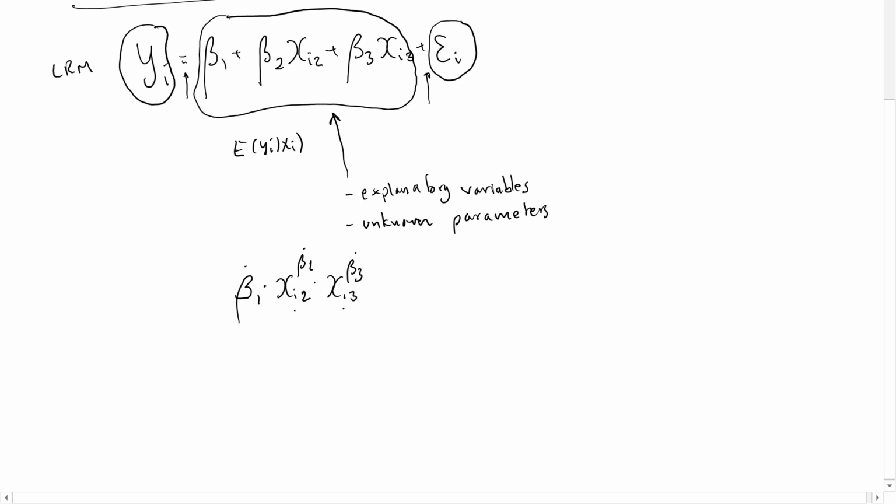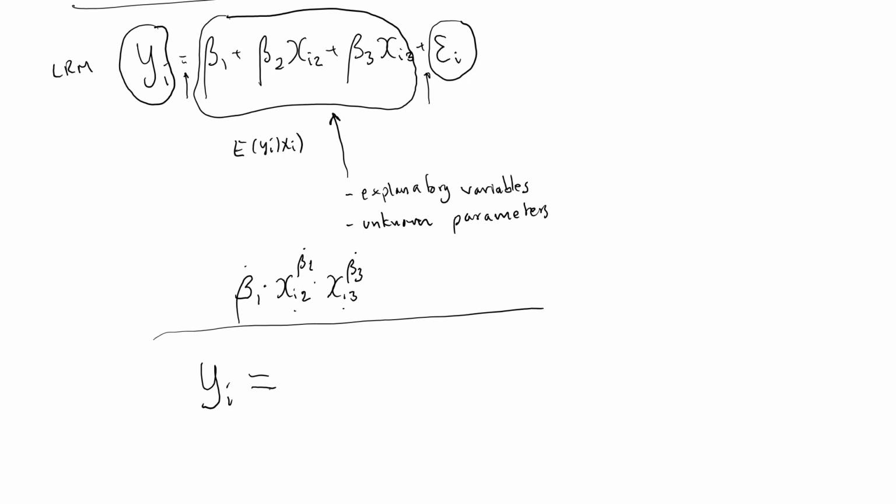So what we do to generalize the linear regression model is that we write it like this. We always have to have y_i on the left-hand side, the dependent variable, and an equal sign, and then all we need is some blob of these explanatory variables and the parameters.